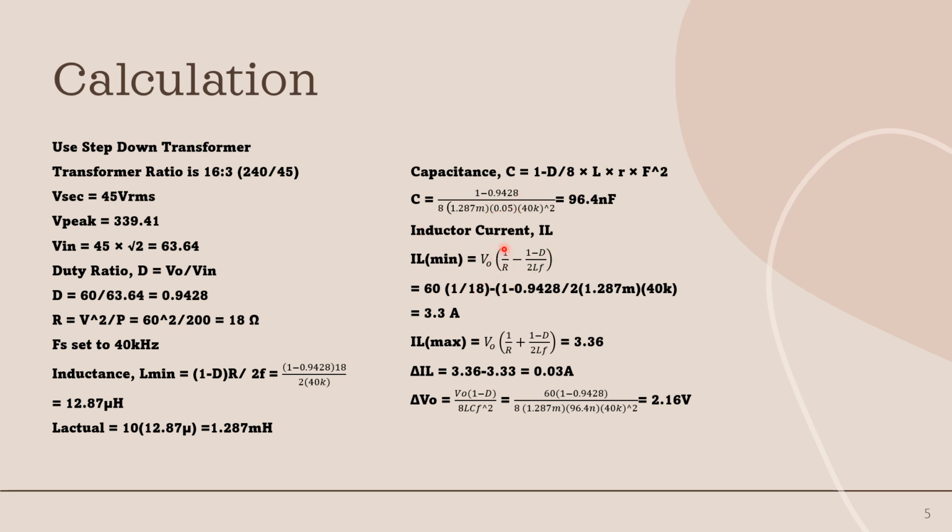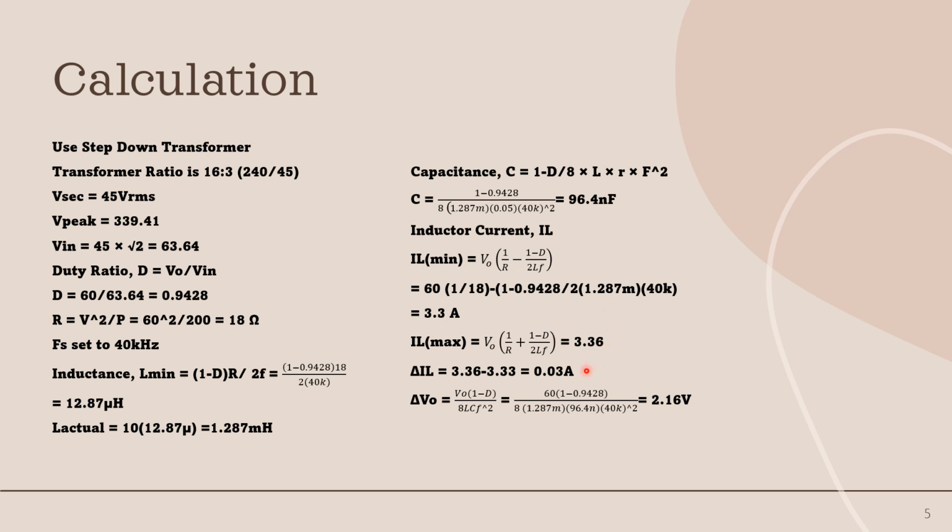And we're going to calculate the inductor current using this formula. V out times (1 over R minus (1 minus D) over 2 L F). This is for the inductor current minimum. So we get the inductor current minimum. For the inductor current maximum, we change the 1 over R minus to 1 over R plus (1 minus D) over 2 L F, and we get the inductor current maximum is 3.36.